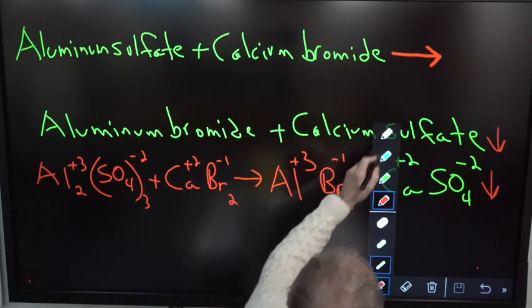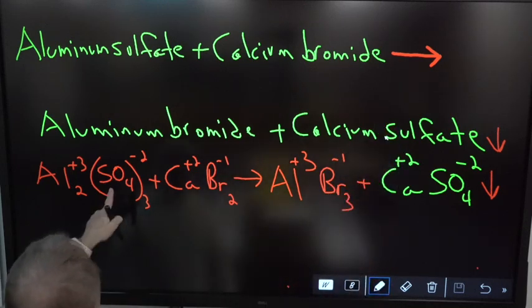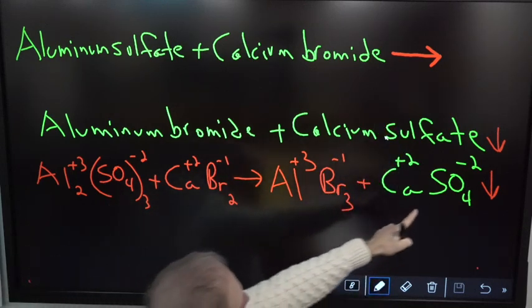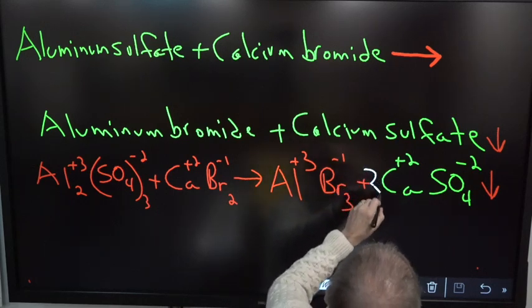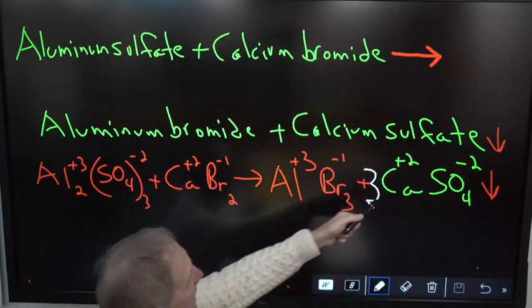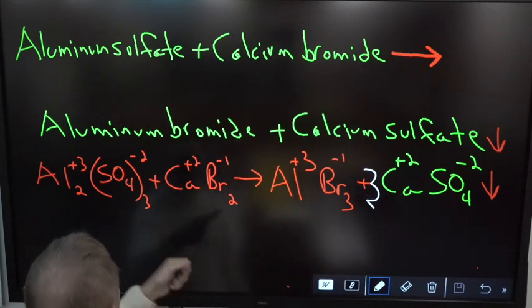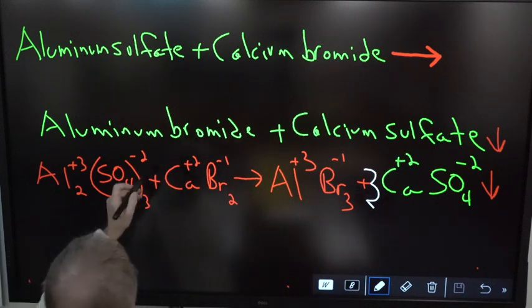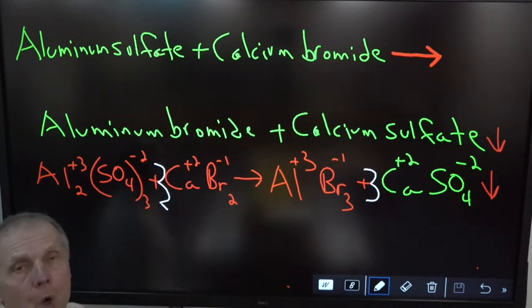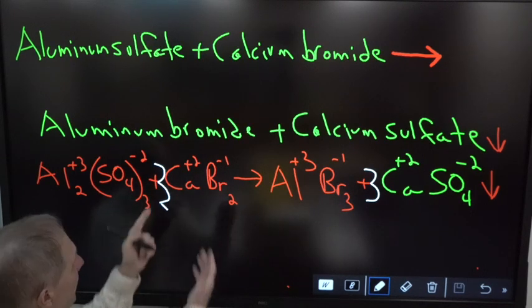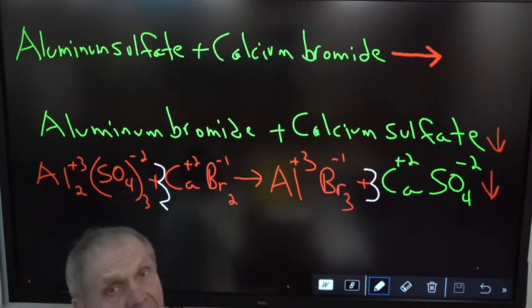So let's do this. We have 3 sulfates right there. We only have 1 sulfate right there. So we're going to put a 3 right there. But that makes 3 calciums. We come over here, we only have 1 calcium, so we're going to put a 3 there. But now that makes 6 bromines. 6 bromines, we have 3 there.